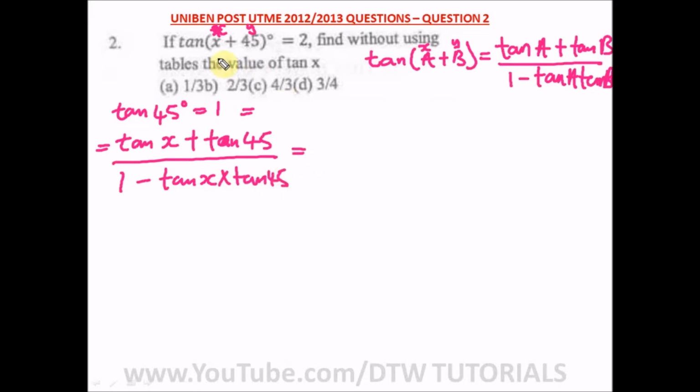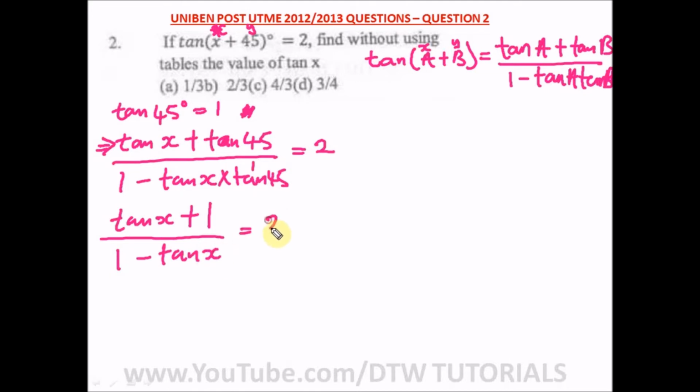And don't forget, the question says it's equal to 2. So we put in the value of tan 45 as 1. We have tan x plus 1 divided by 1 minus tan x times 1, which gives us tan x, equal to 2.